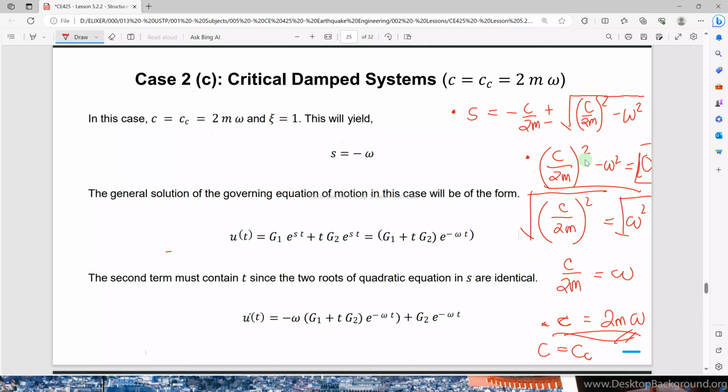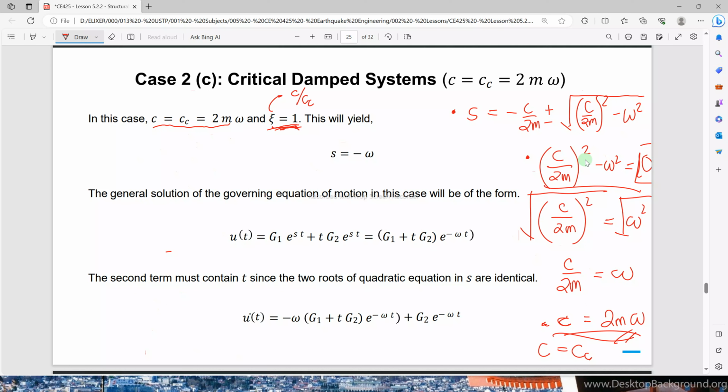So in this situation where our damping and the critical damping are equal, our xi, or our damping factor, which is the ratio of the damping over the critical damping, will be equal to 1.